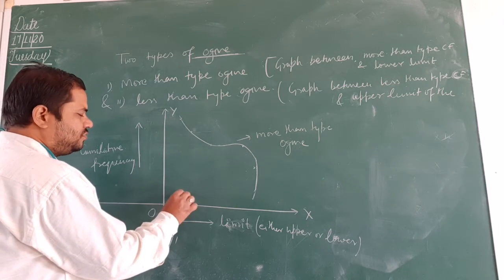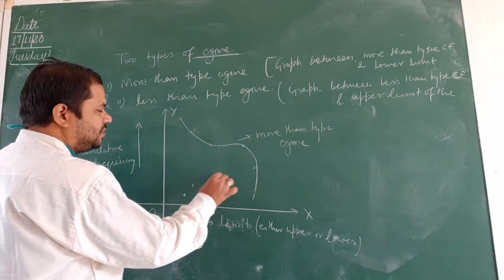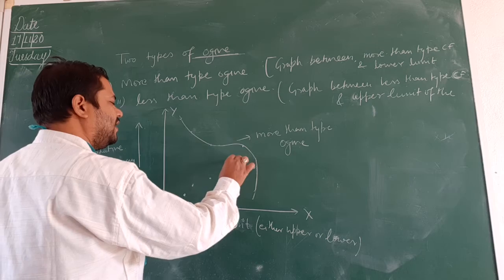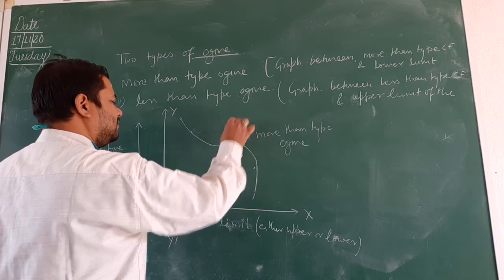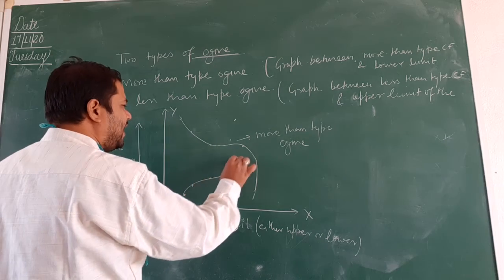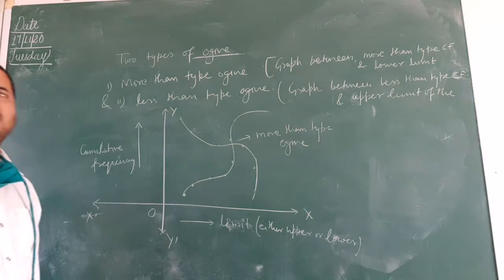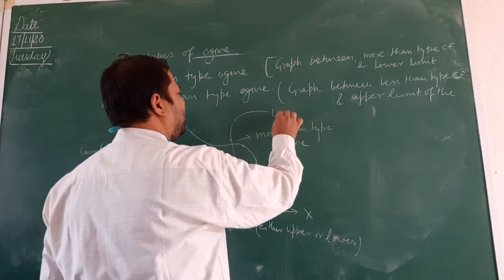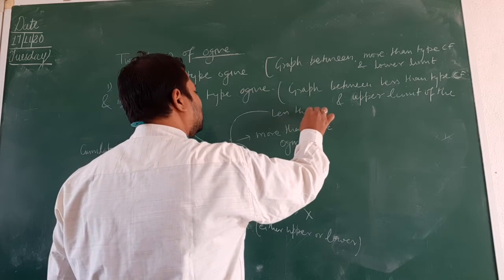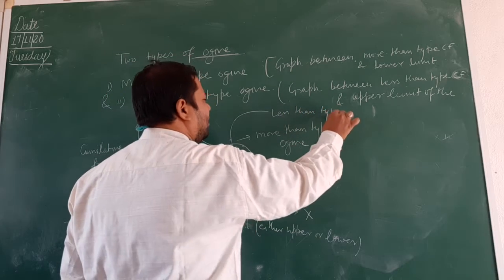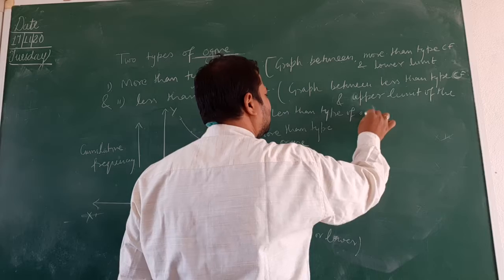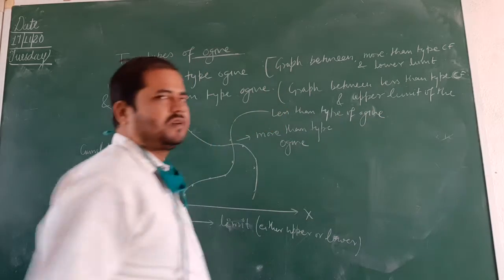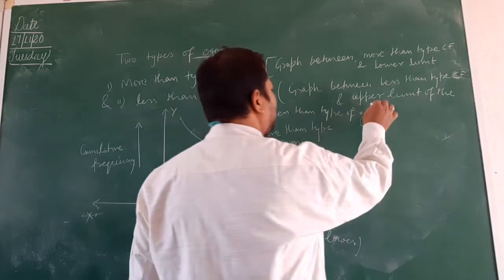So you must start here, maybe like this. If you draw freehand, then you get this. This is the less than type ogive.